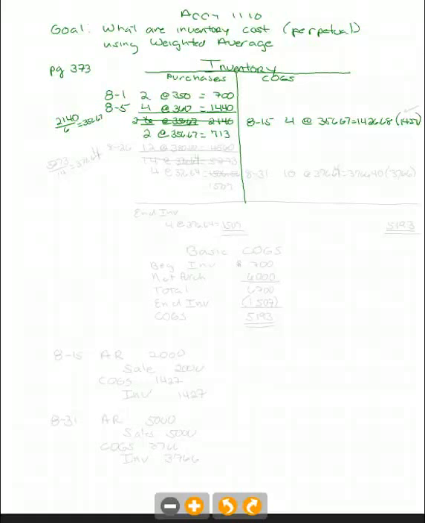On 8/31, we're going to sell 10 units. So we'll take 10 units at $376.67, and that equals 3766. Hold on, I need to check some math.